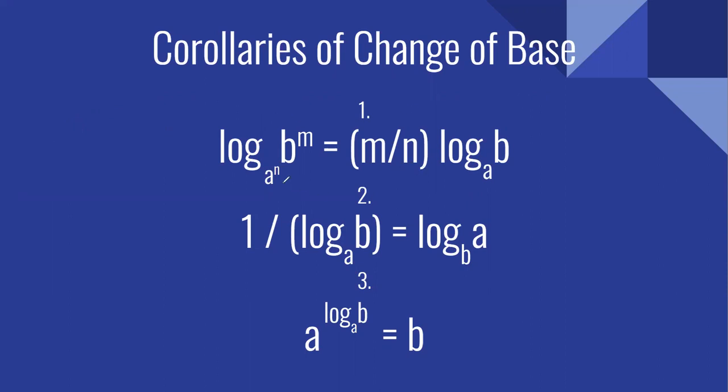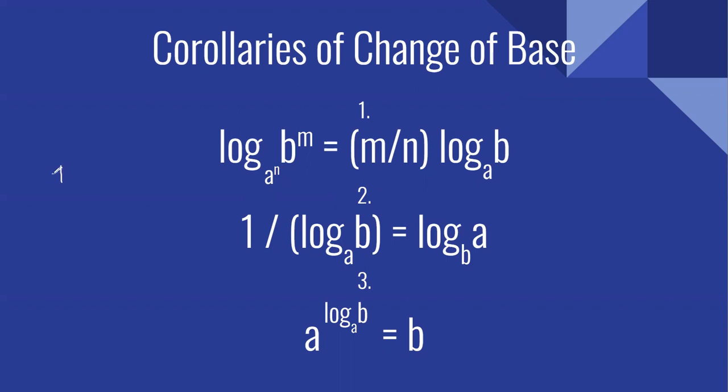Okay. Now let's look at the second one. The second corollary says that 1 divided by log b to the base a gives you log a to the base b. So if 1 is divided by a logarithmic value, the position of the base and the argument switches.